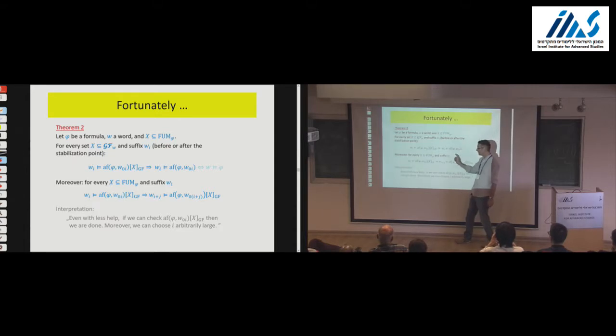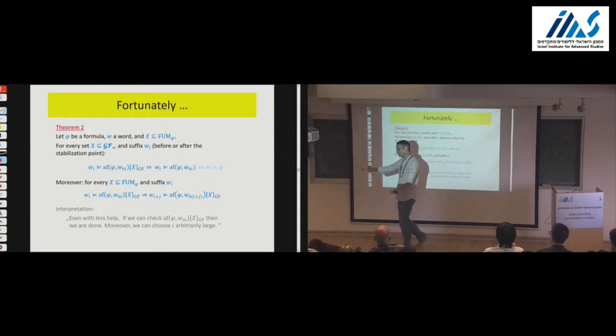So if we manage to check this formula, this will be good enough for wi to satisfy this, and therefore this. But we don't get the other direction. It is not the weakest formula anymore, but it is some formula that will be able to give us the desired result. Intuitively, why is that?